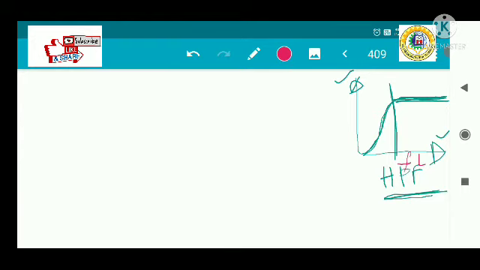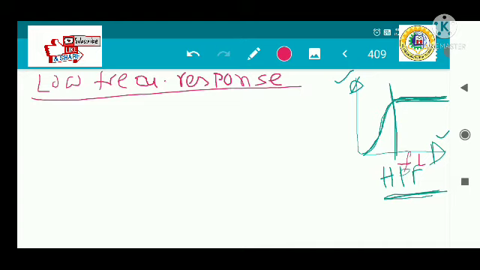So the low frequency response of the BJT looks like the high pass filter. Now, I don't know if you have studied the passive high pass filter or not, but it actually looks like this. We will analyze the passive high pass filter circuit and try to derive an equation.